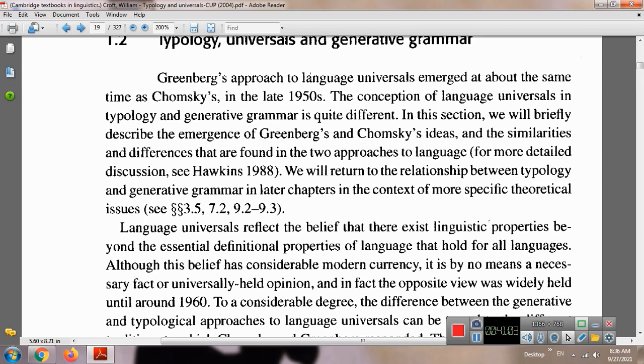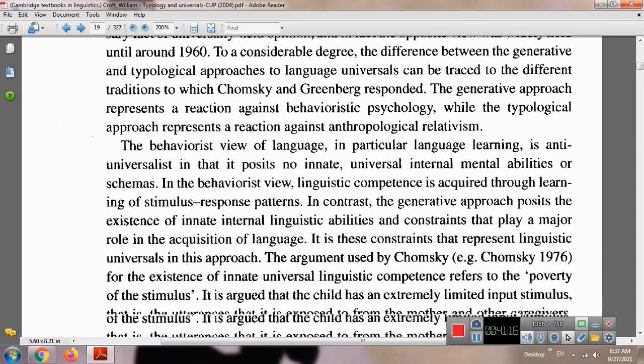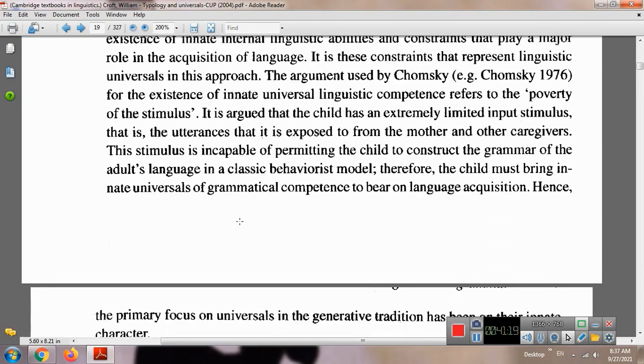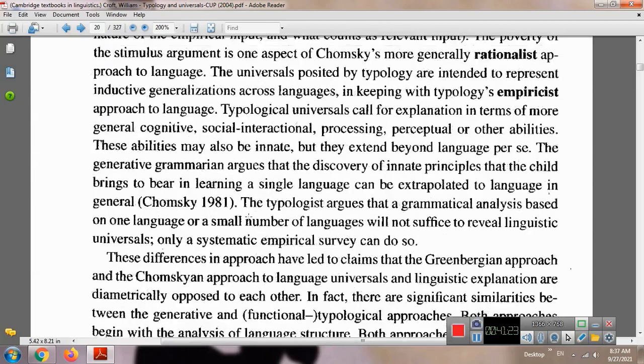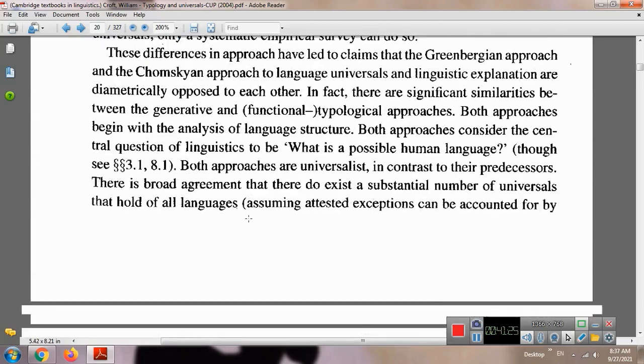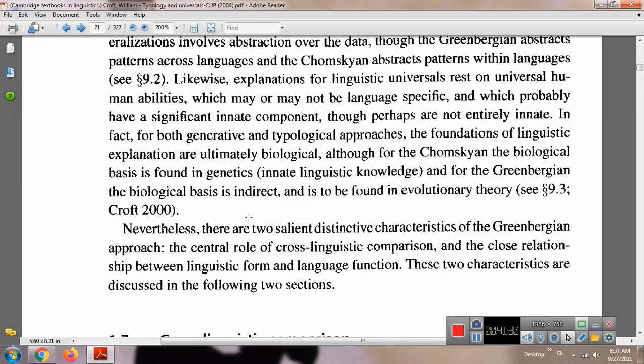Greenberg did that to answer anthropologists, but Chomsky did that to answer behaviorism. Here we read about these two viewpoints, and we gave you information about universals in Greenberg's terms and in Chomsky's terms.